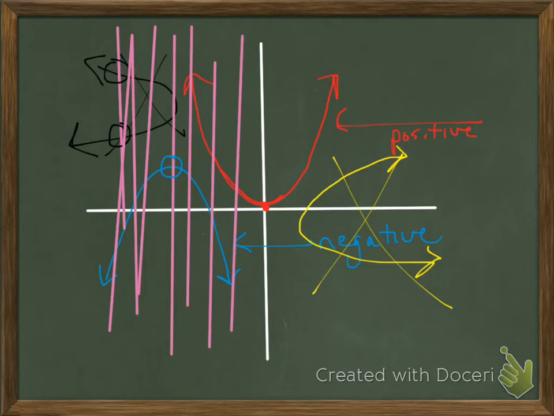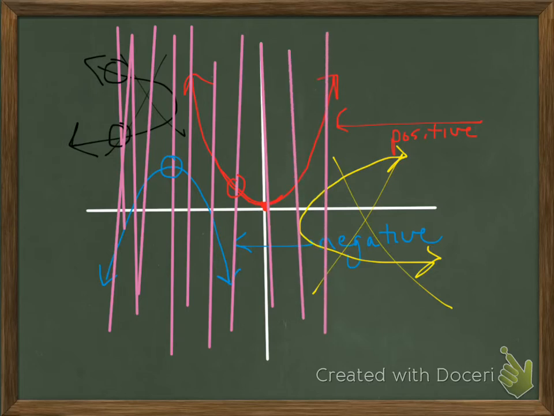Same thing with the red one. Look at the red one. The red one is a function as well because it only hits that graph one time. Okay, that pink line only intersects with that graph one time. And no matter where I put that pink line, it will only intersect one time as long as I draw straight lines. But now look at that yellow graph.